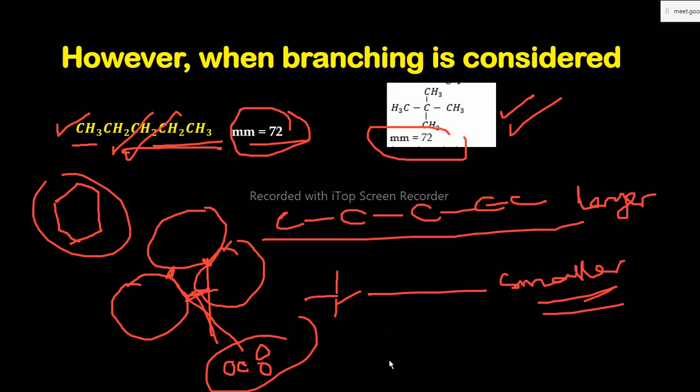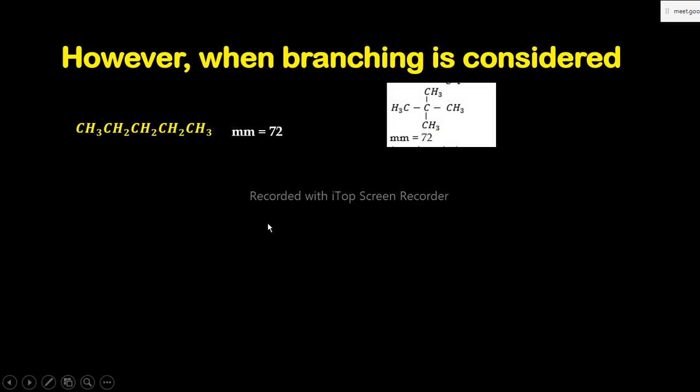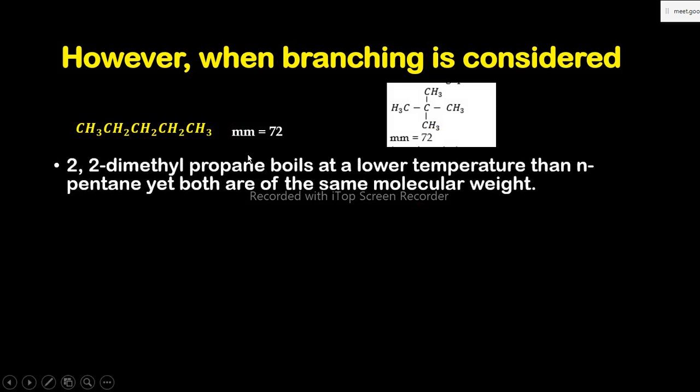So in 2,2-dimethylpropane, it boils at relatively lower temperature than N-pentane, yet both have the same molecular weight, as you can see.